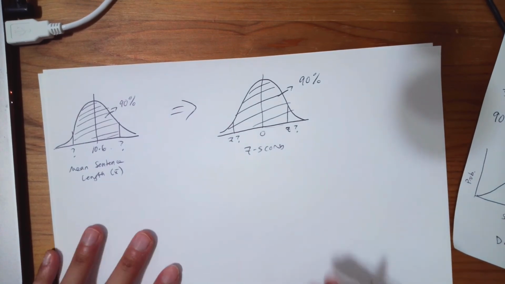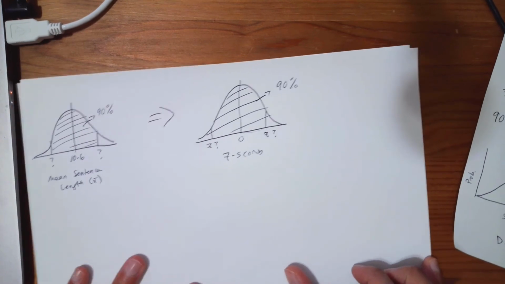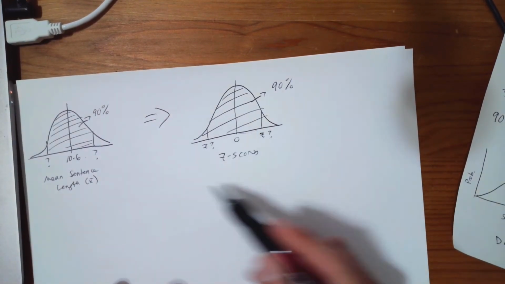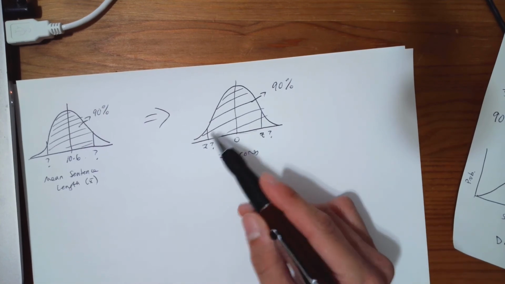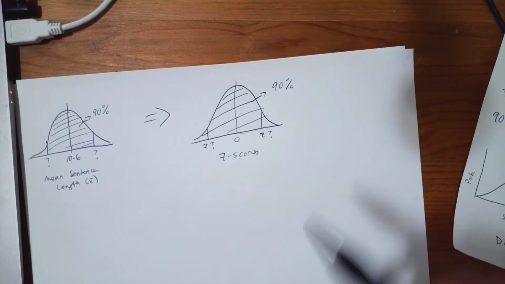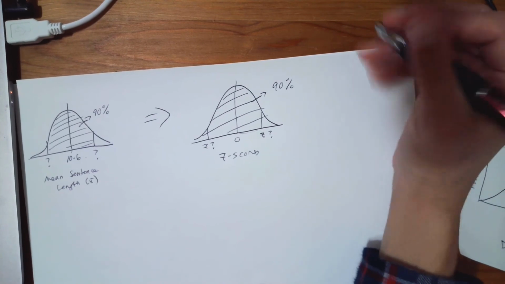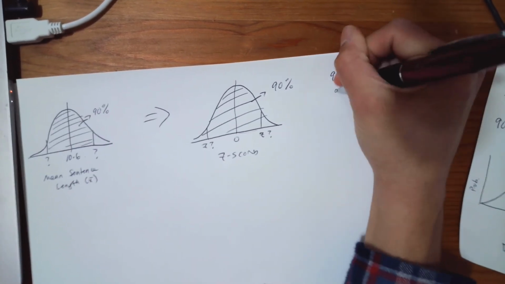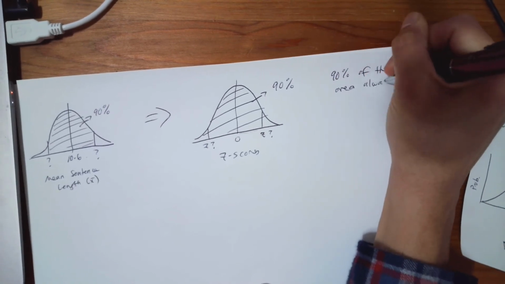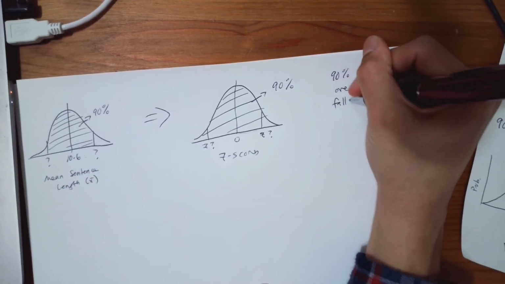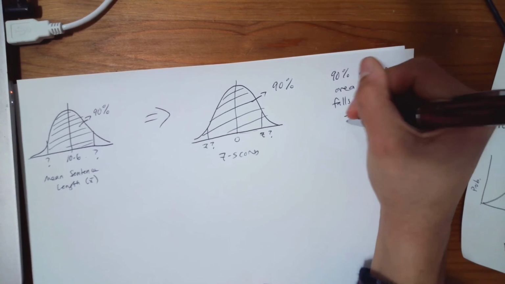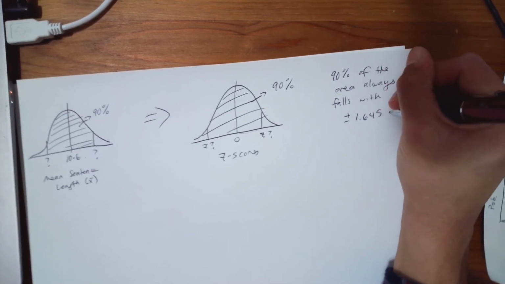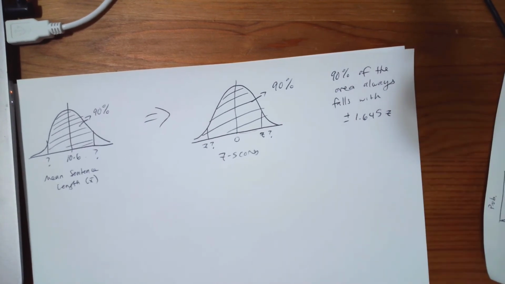And for this particular example, based on what we know about the shape of a standard normal distribution and how much area falls in different places, we know that 90% of the area always falls within plus or minus 1.645 z-scores.